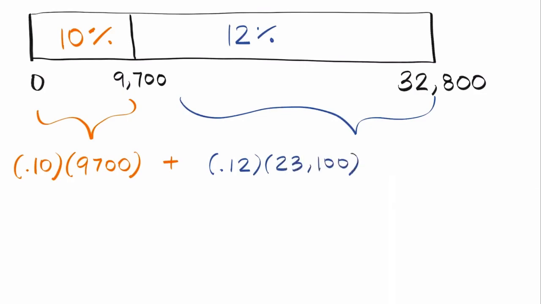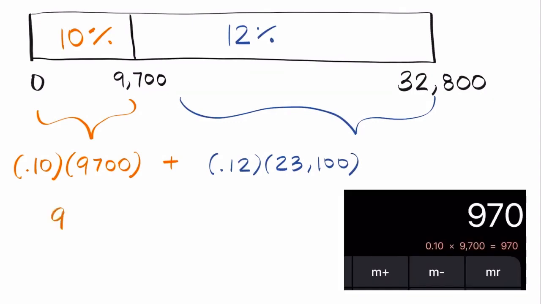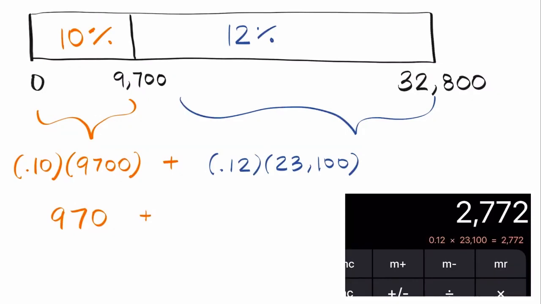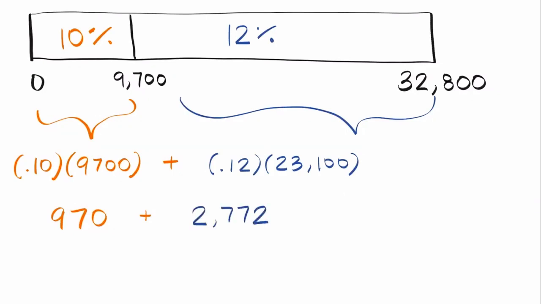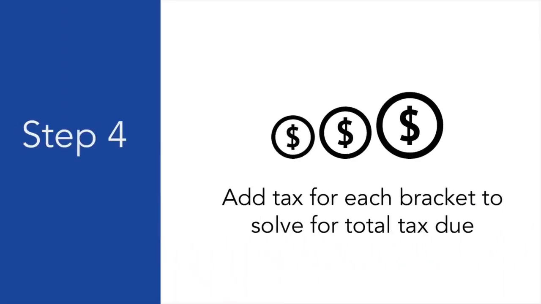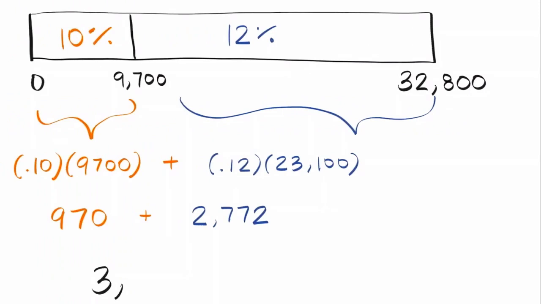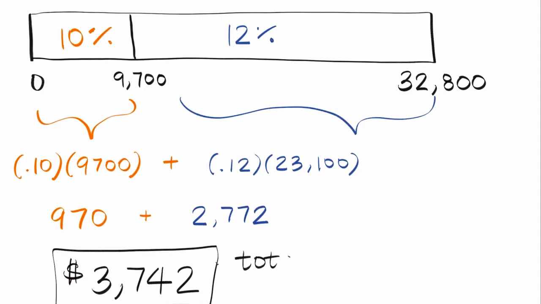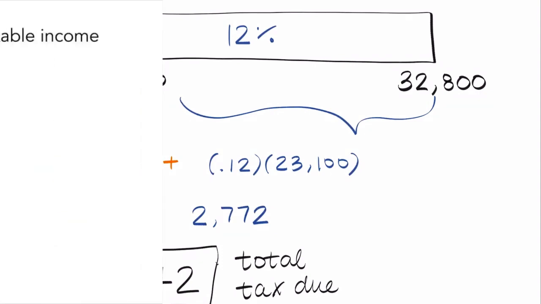Now it's time to calculate. 0.10 times 9,700 is 970, and 0.12 times 23,100 is 2,772. The last step is to add the taxes for each bracket together, and we get $3,742. This final answer is Omira's total tax due. We have taken 10% of the first bracket and 12% of the second bracket and added it together.